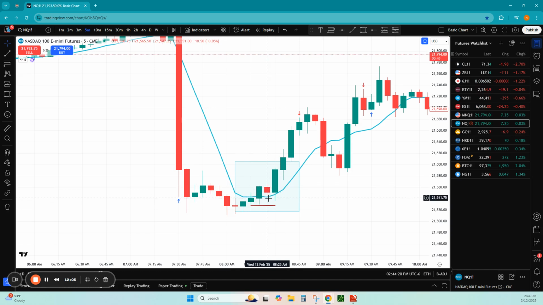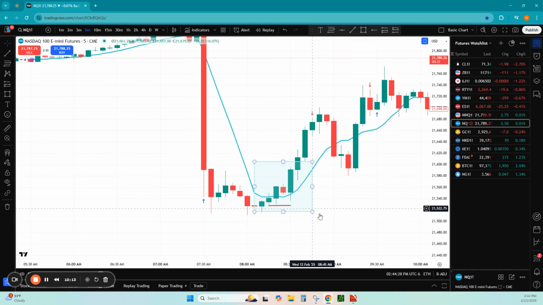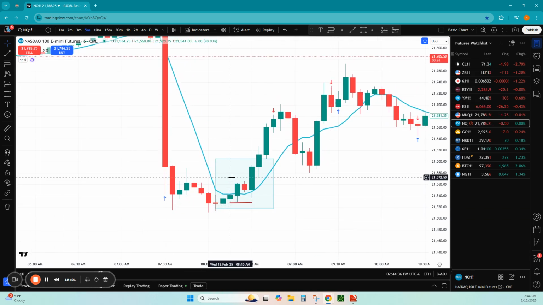If this closes below the 8, just get out of the trade. If this takes you out, wipes out your stop loss, then take a step back, let price develop further before potentially re-entering a trade. But with this, you can go long. This candle closes above the 8-period moving average, and then we get this move, zip.